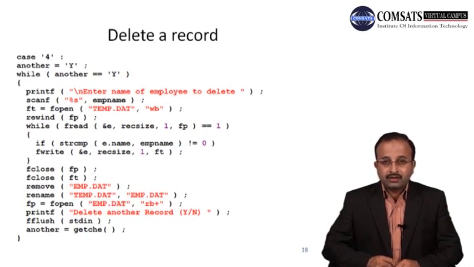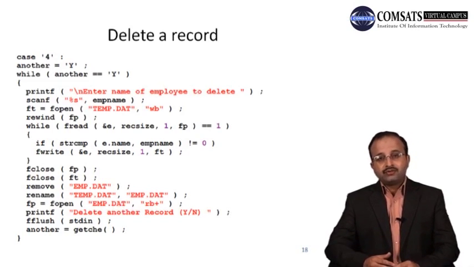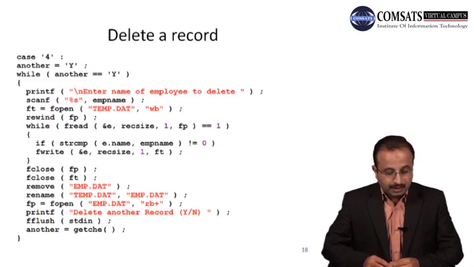Now the temporary file contains all those records that are present in the original file, that is emp.dat, except that record. Then you close both files, you delete the original file, you rename the temporary file as the original file, and then you open that file in rb+ mode.